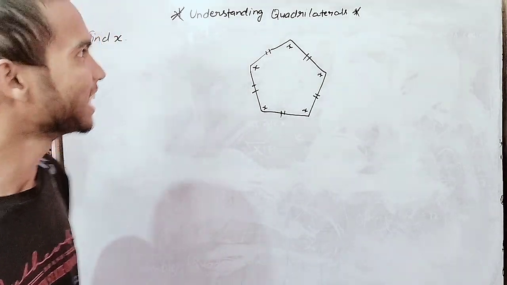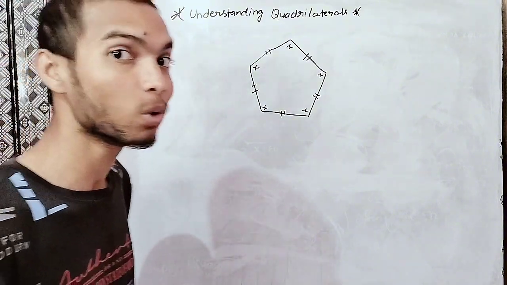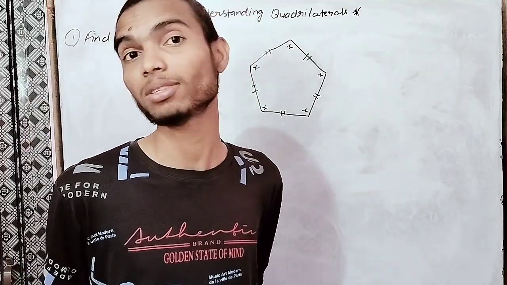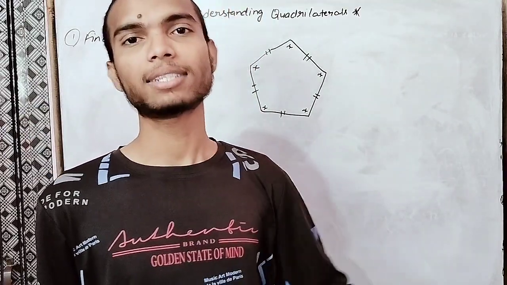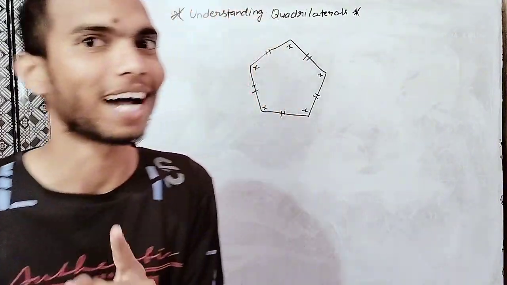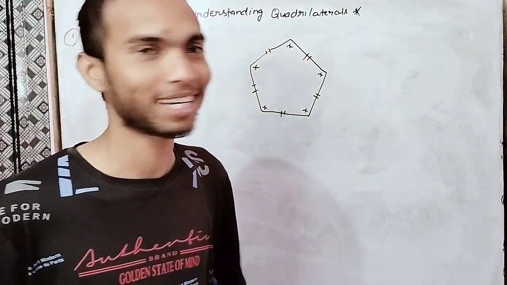Can you say that this is a regular polygon? This is a polygon, but it is a regular polygon because a regular polygon has equal sides and equal angle measures. So here we are looking for x, which is equal.